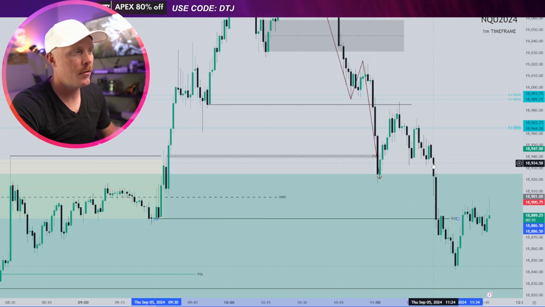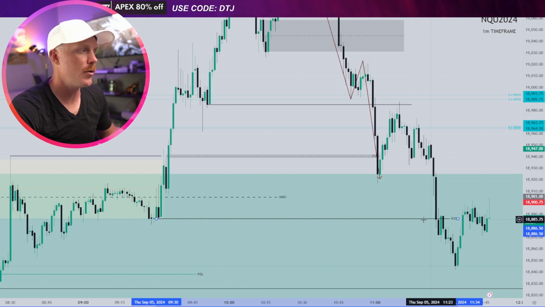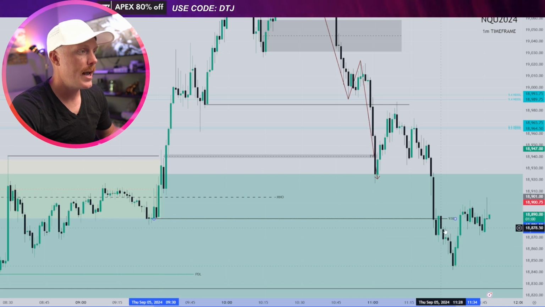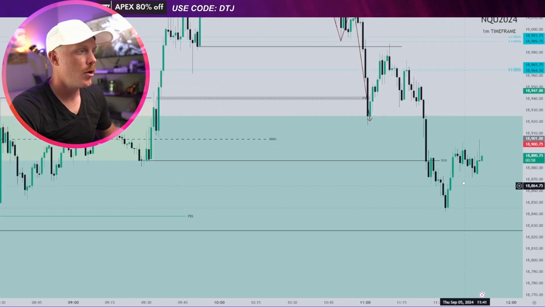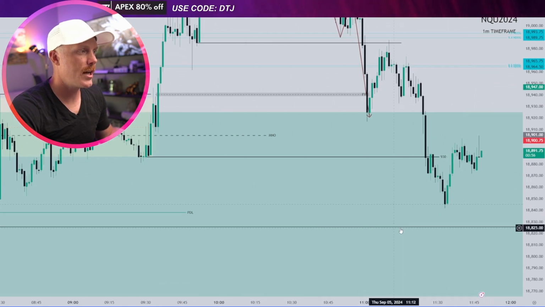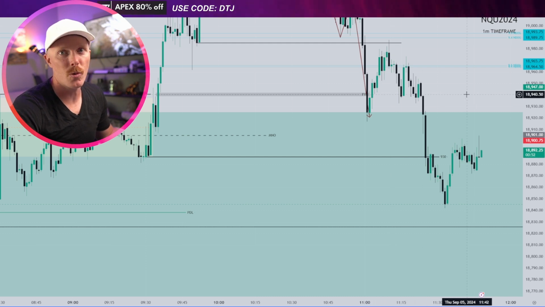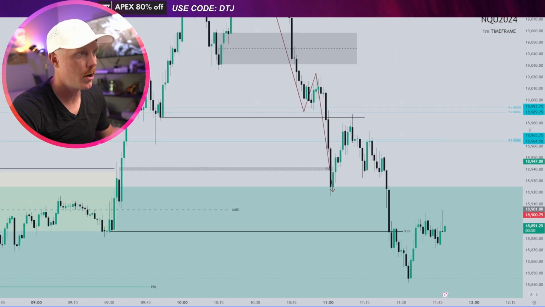This is indicative of the second portion of the second stage distribution, where it will aggressively run that final move, as you can see right here. And since then, we've been consolidating. We have these equal lows that are down here, but it doesn't want to run those. It may want to wait for NFP, which is tomorrow.